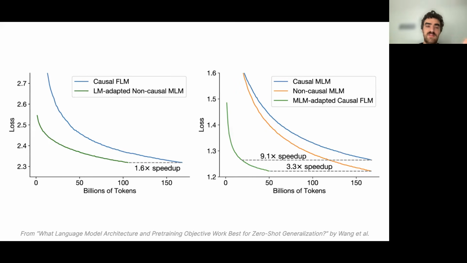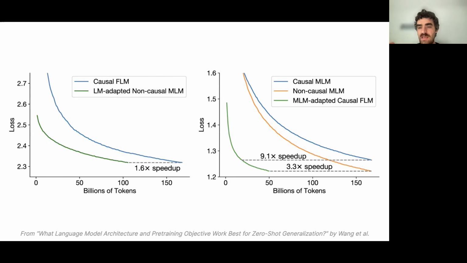And that's shown on the left there. You can see that if you look at the performance after adaptation, you can get an equally good model for the causal full language modeling objective more quickly if you start from a pre-trained non-causal masked language model, although the speed up is not that high.